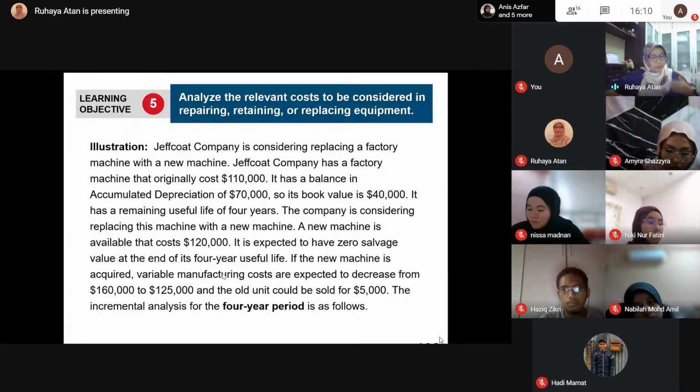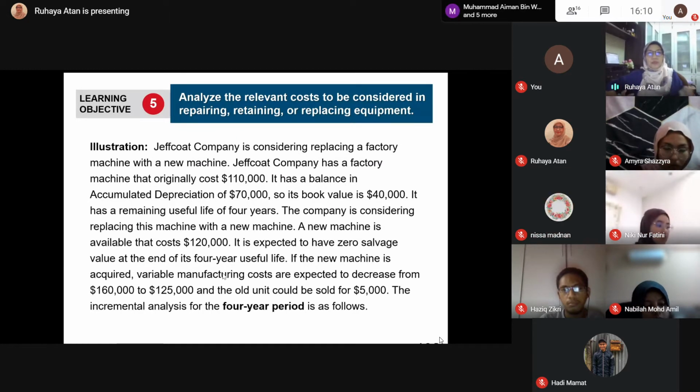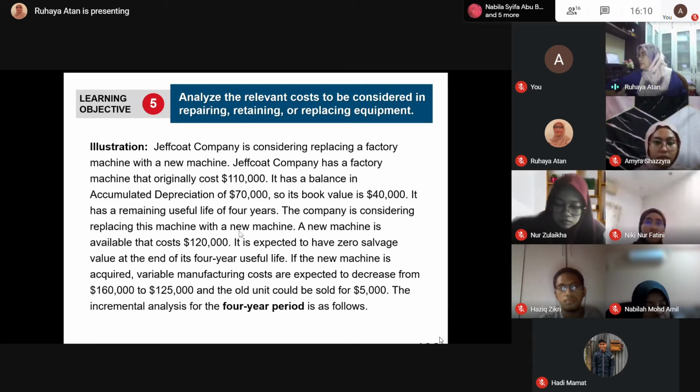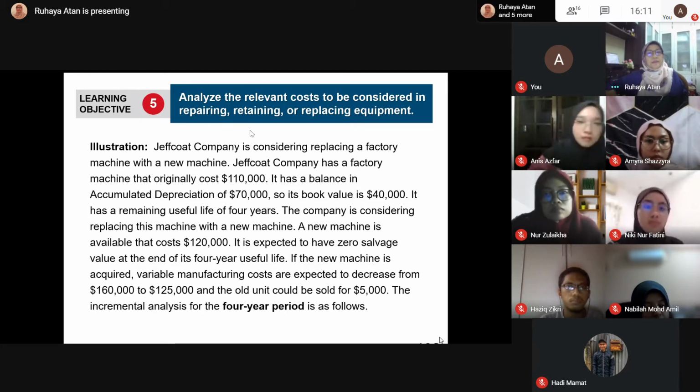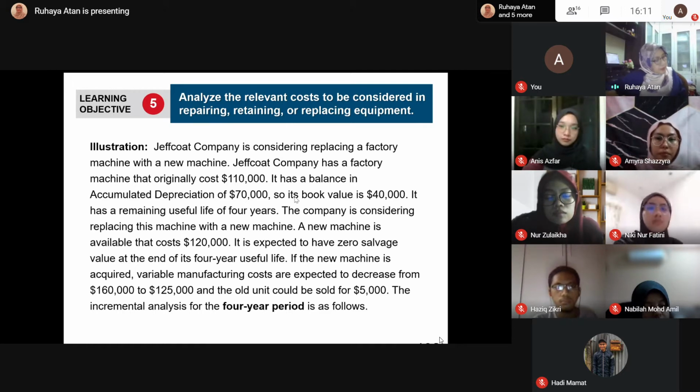That means if you make profit, otherwise you can just sell it off without further processing. So the next incremental analysis that we're going to do is on the consideration whether you want to repair, retain or replace equipment.